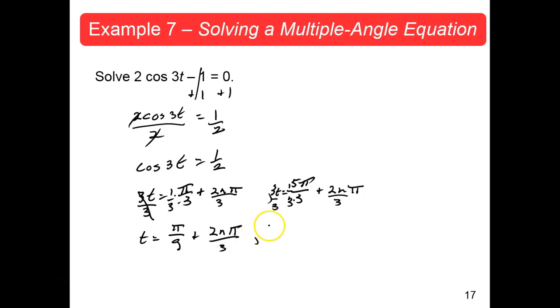Or t is equal to 5 ninths pi plus 2/3 n pi. All right, there we have it. You have to do that other part. So you have to put the general form here before you divide. So this part has to be divided by that 3 as well. Does that make sense?